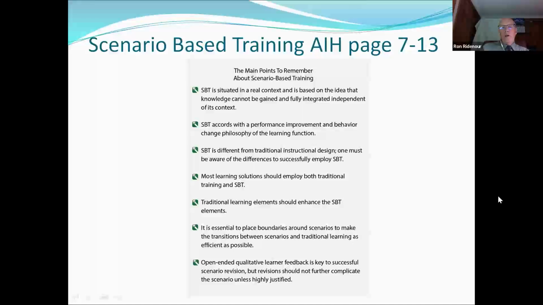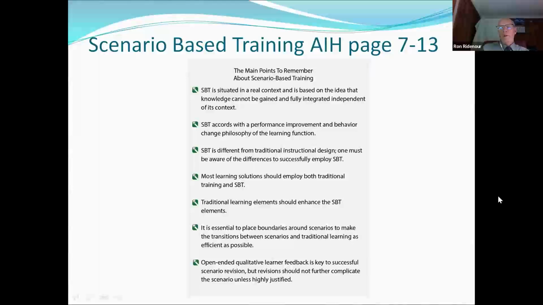Scenario-based training allows you, the instructor, to better evaluate the instruction that you've given, because now the student has to evaluate the scenario that you're giving them, and offer their opinion about what they would do.